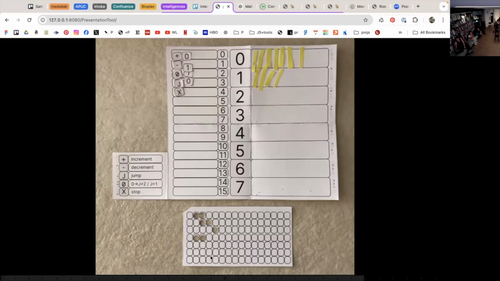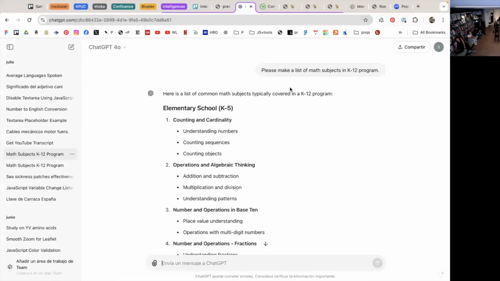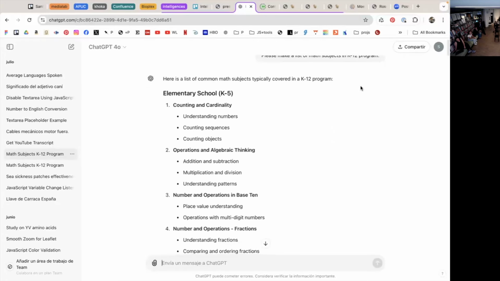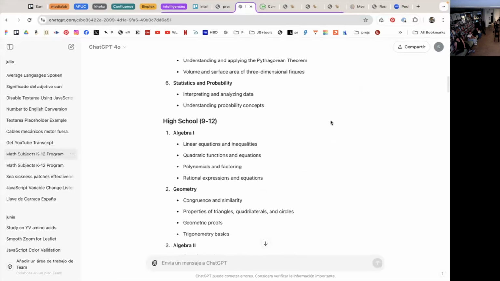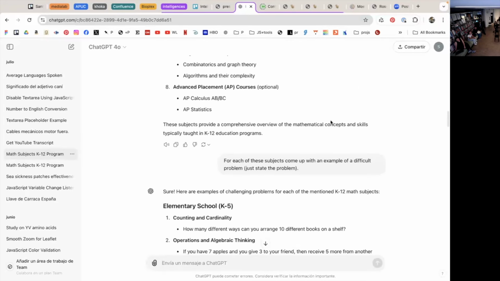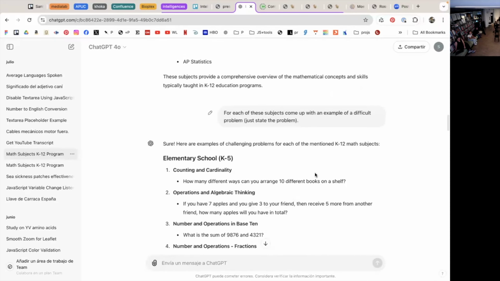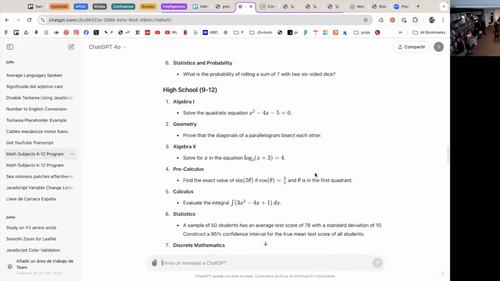But okay, let's continue. So I had this conversation with ChatGPT. I asked for math subjects, K to 12. It did a fantastic job at it, probably better than if I asked anyone around me, for sure. For each of these subjects, come up with an example of a difficult problem. So it went through the same list and placed a problem.